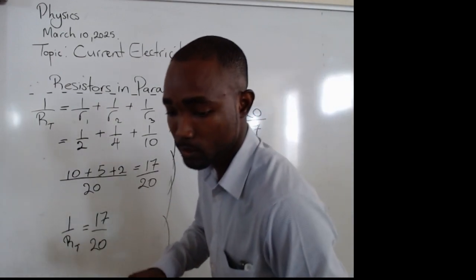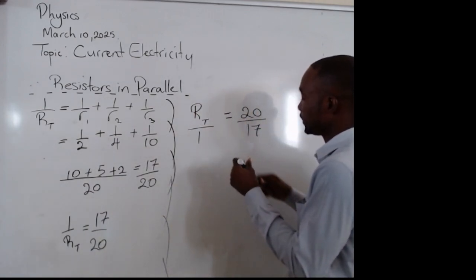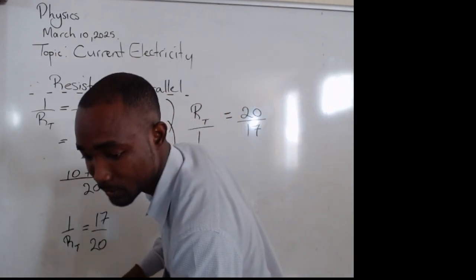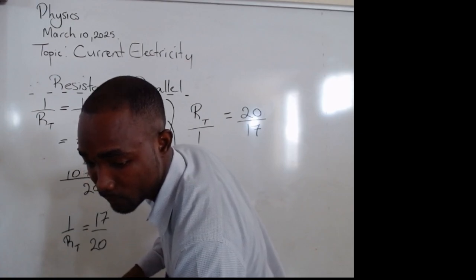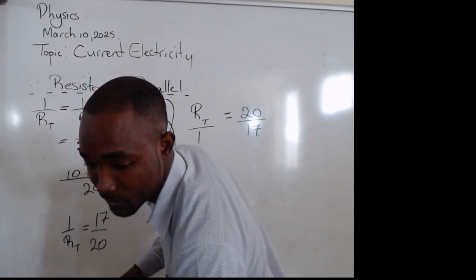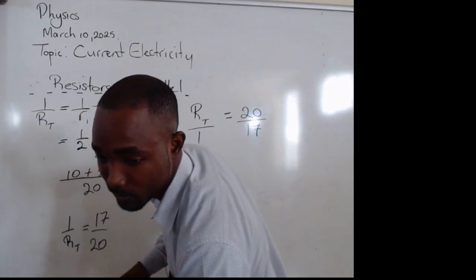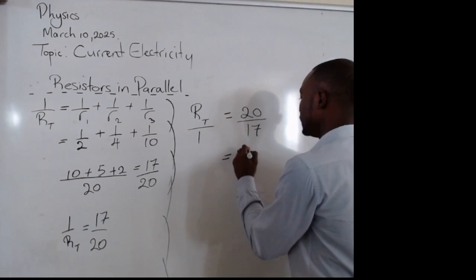And let's just drop that in our calculator. So we have 20 divided by 17. And we get 1.18.